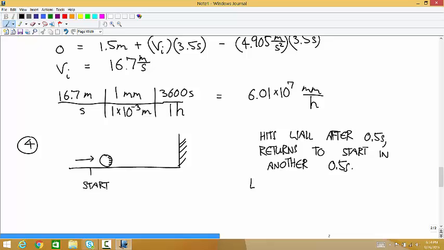For both of these, it says time equals 0 is when the motion starts.